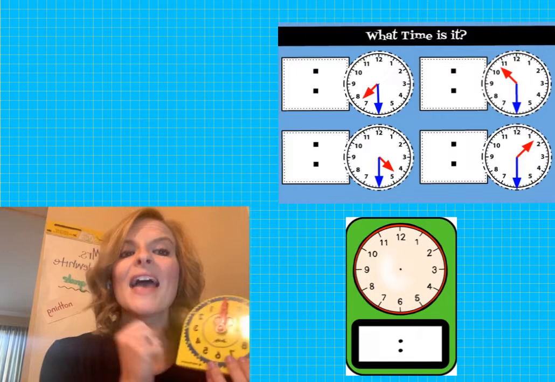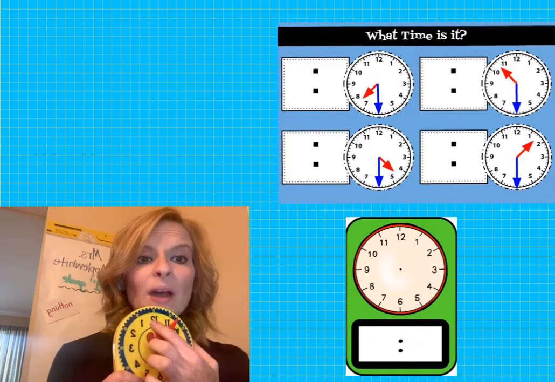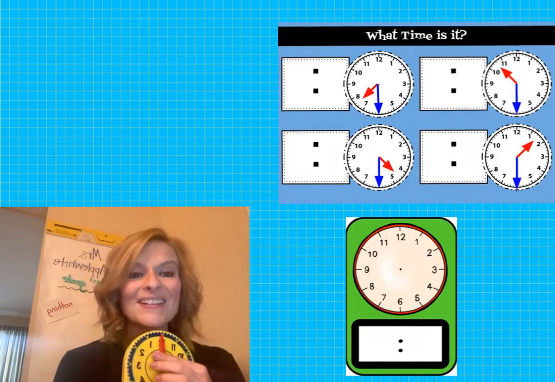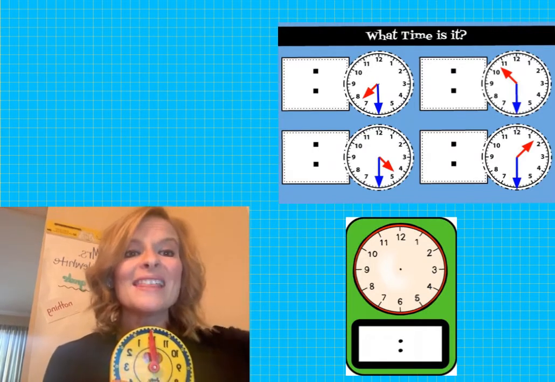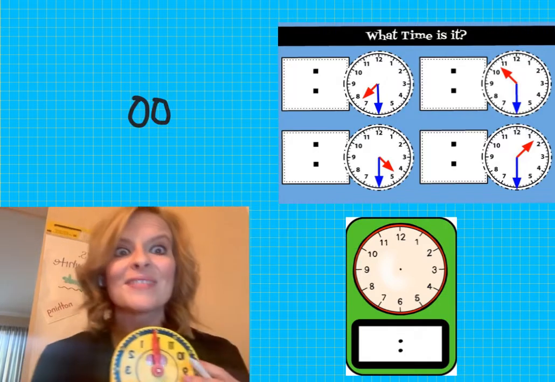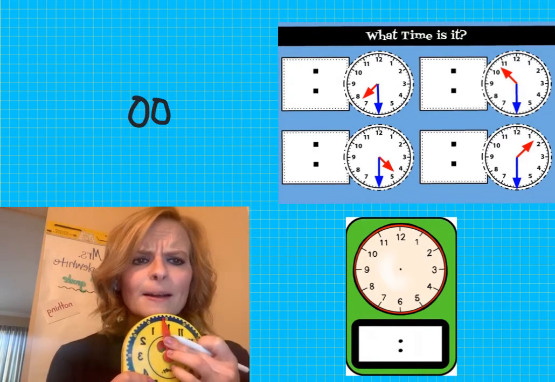Very good. And last time we talked about when the long hand points to the 12, it represents what? O'clock. Very good. And I would write that as 0, 0. And what time is it here?